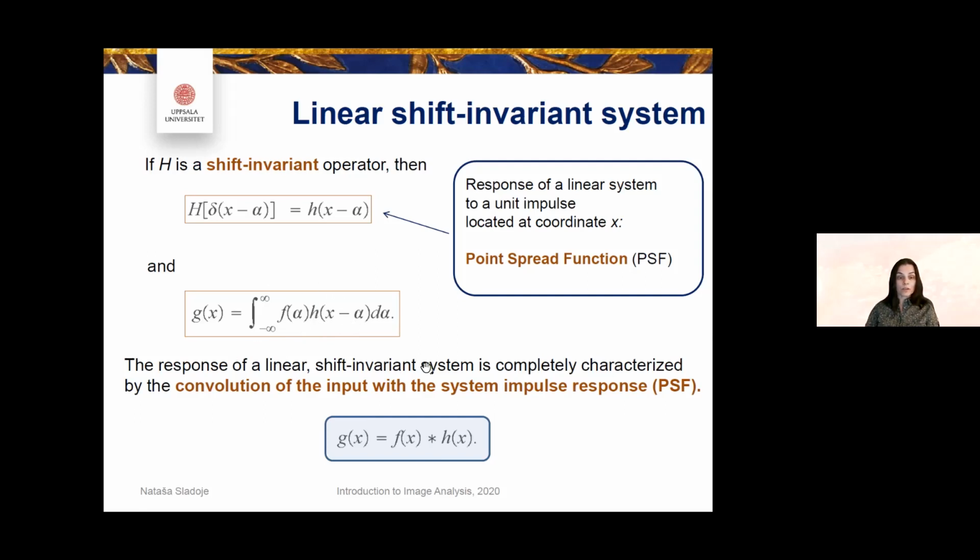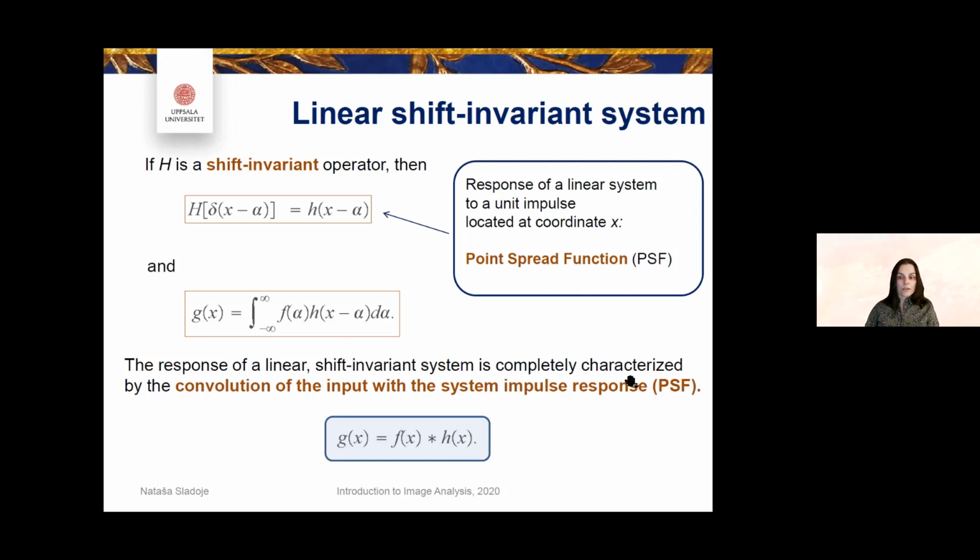So another way to write this, which is our degradation model, is to write it like here. Our observed function, our degraded function g, is equal to the convolution of our original function x and this h, that is the point spread function of our linear system.